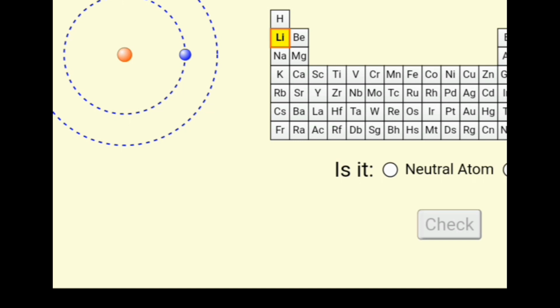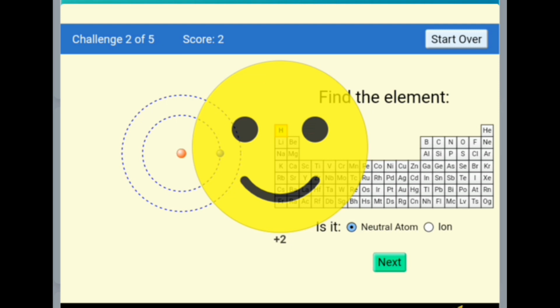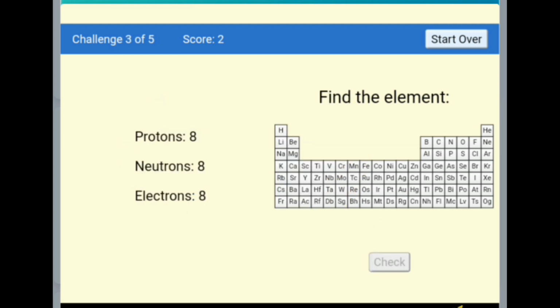So I would select hydrogen. Now, is this neutral or an ion? Since it has 1 proton, 1 electron, it is what? Neutral. So I choose neutral.